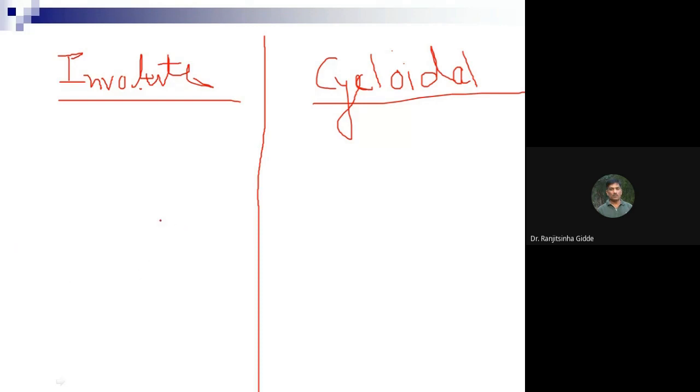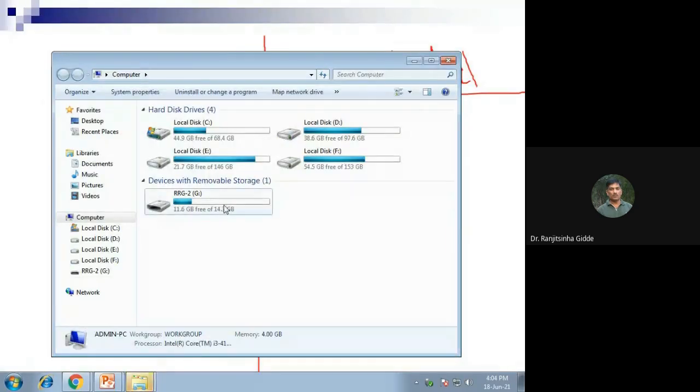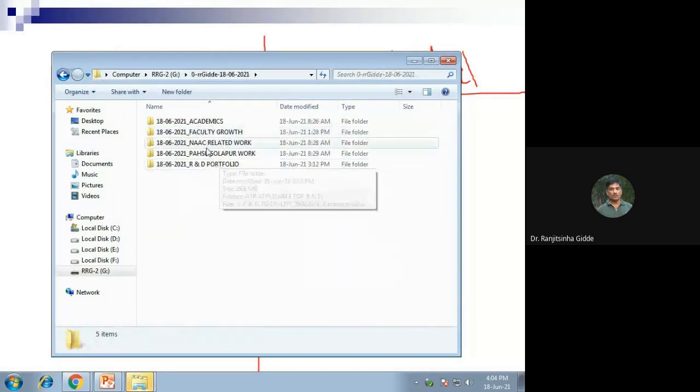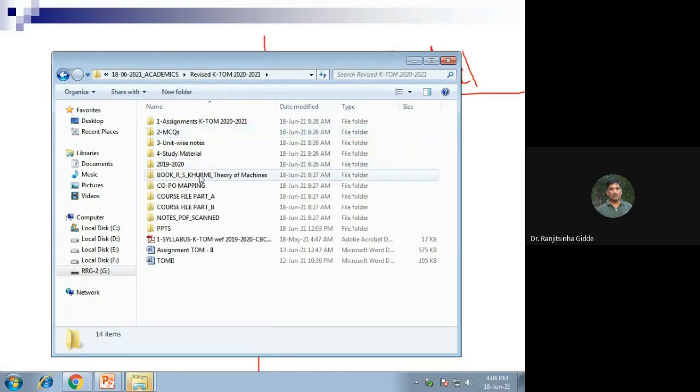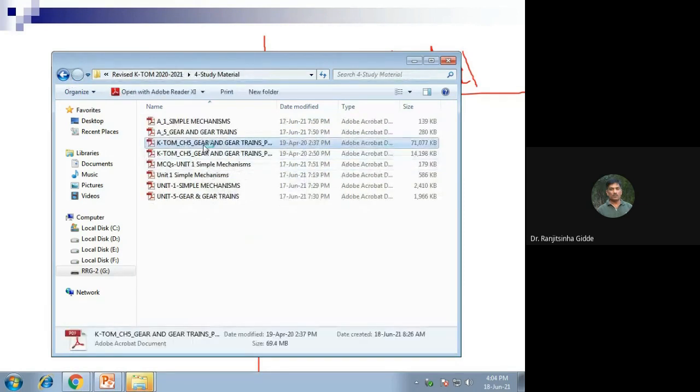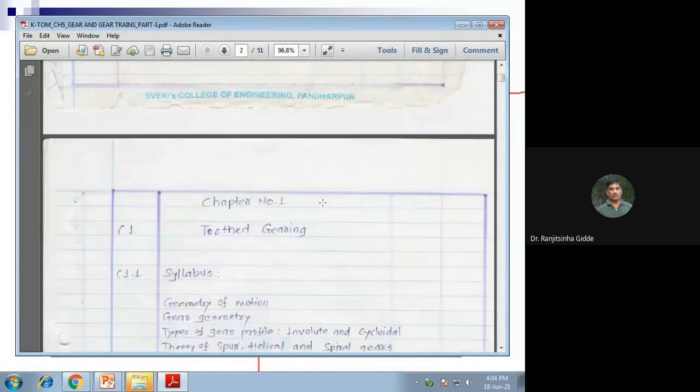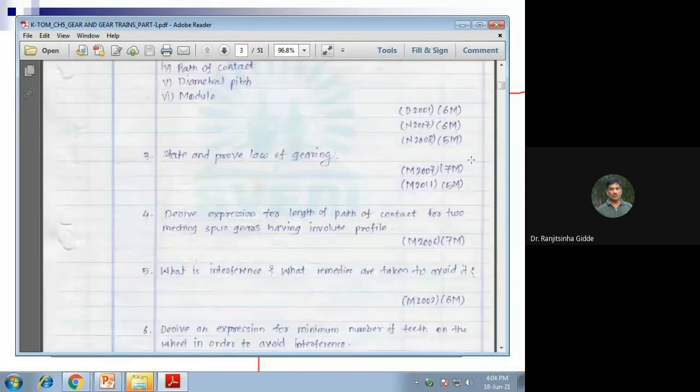Actually, I am just writing on the slide. You are observing this in somewhat different handwriting. So actually I will provide you the notes. I just want to show so that you will get the idea. These are the scanned notes I will provide.